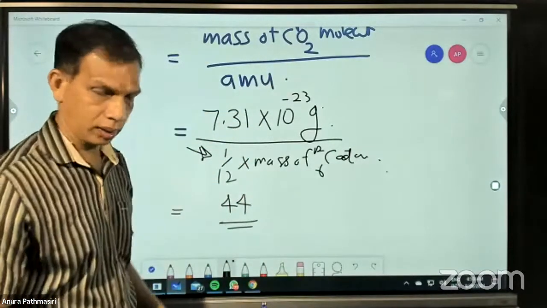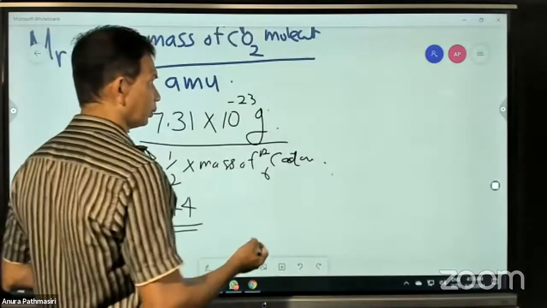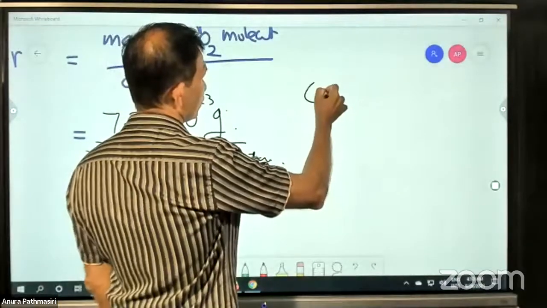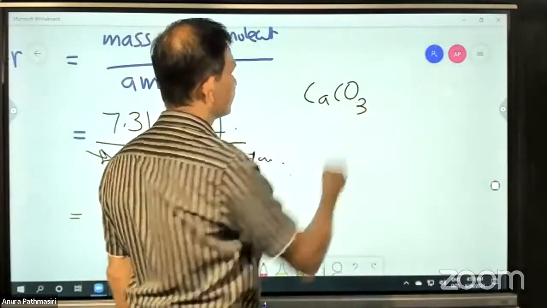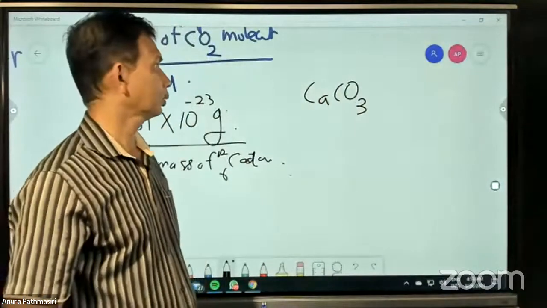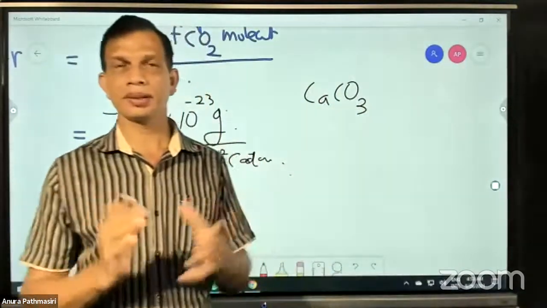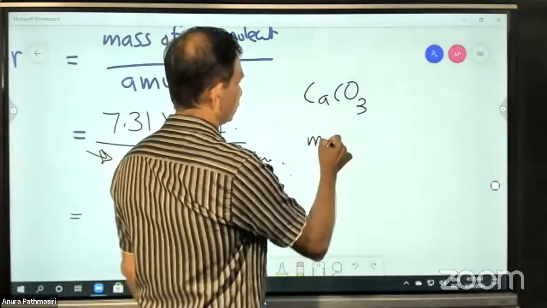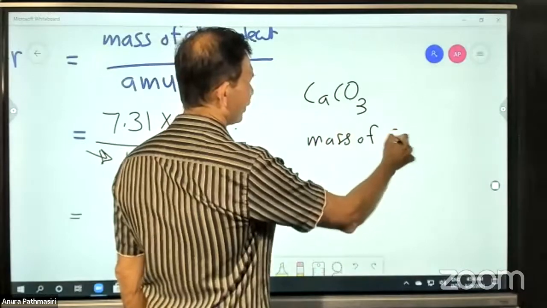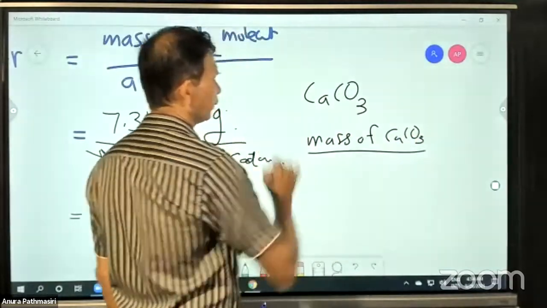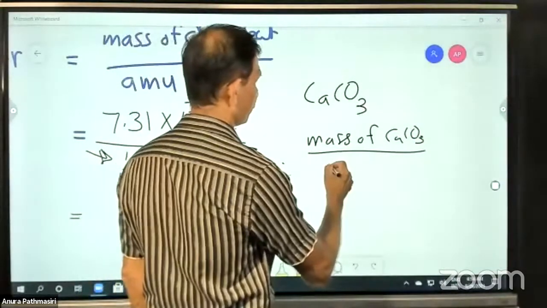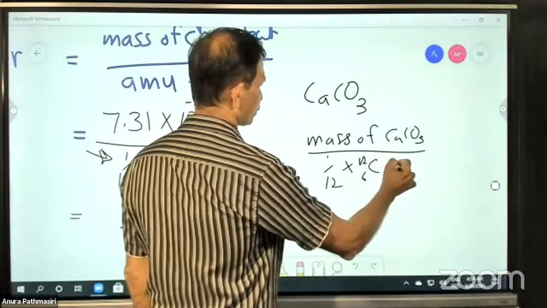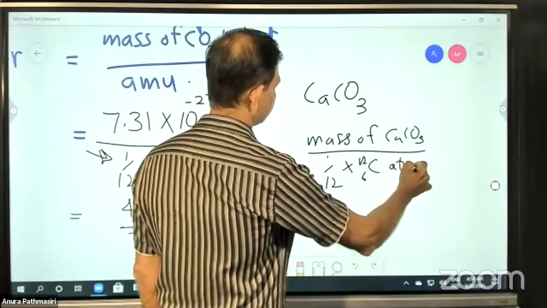If you want to find the relative molecular mass of CaCO3, calcium carbonate, you have to measure the mass of calcium carbonate in grams, and then divide by 1 over 12 of the C-12 isotope atom mass.